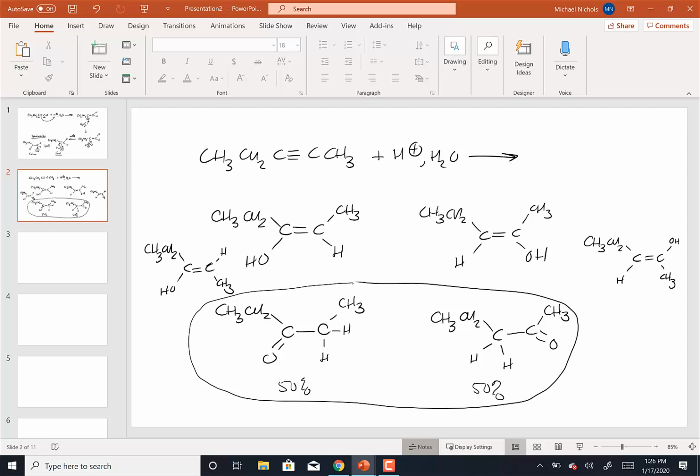But we're only going to have truly Markovnikov addition if it's a terminal alkyne. If it's an internal alkyne, one of two things will happen. They'll either be asymmetric, in which you'll get two different products for any of the reactions, or they'll be symmetric, where it doesn't matter how you add because you get the same product either way.